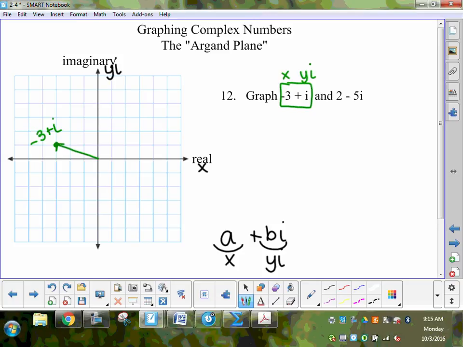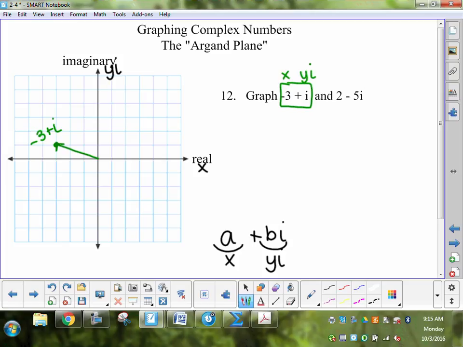Now, hands up please if you can tell me which quadrant you think 2 minus 5i is going to get plotted in. We would go over 2, because that's my x component.